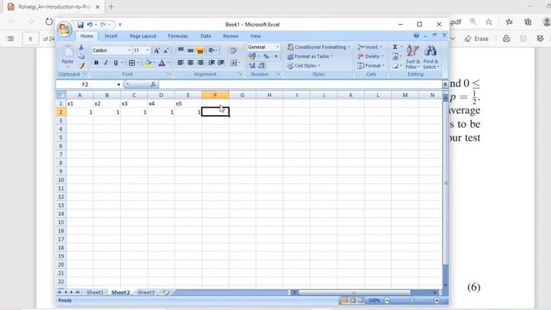So what will be the average? What is the average? The average would be 5. No, let us consider this as a sum.